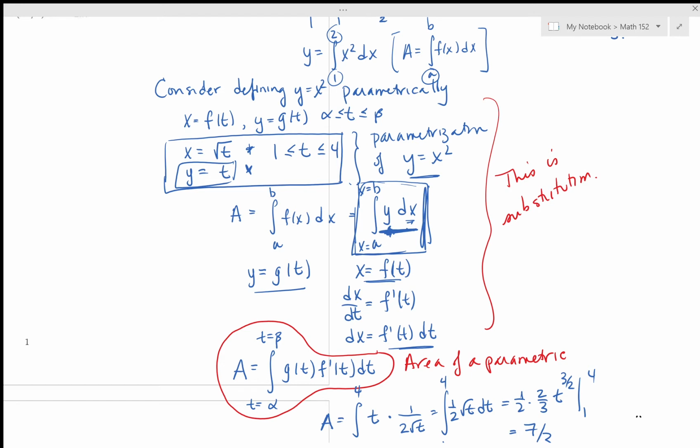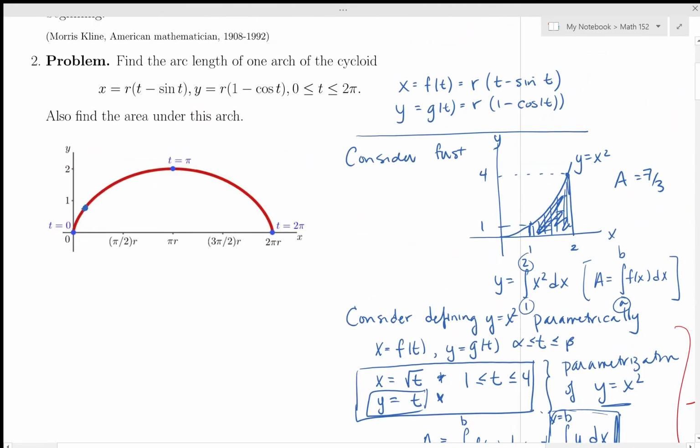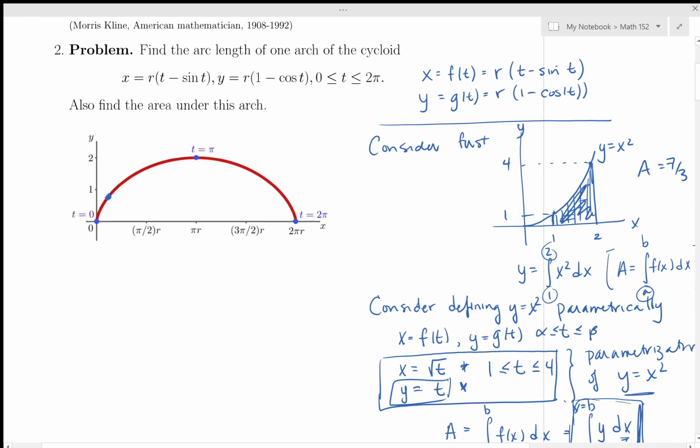All right, so now I can go back, and I wanted to get the area under this arch. Now it's not so easy for me to unparameterize this curve. So if I do want to actually know the area underneath of it, I am not going to be able to just go from the parameterization backwards to something I'm more used to and use that. That will not work here.